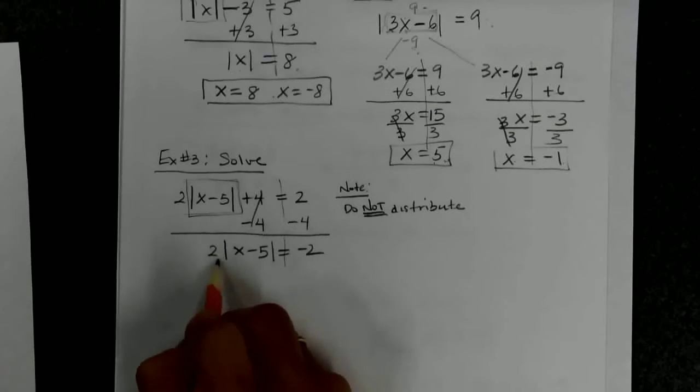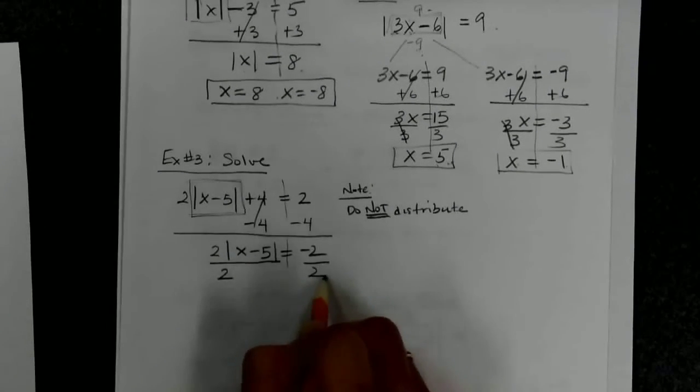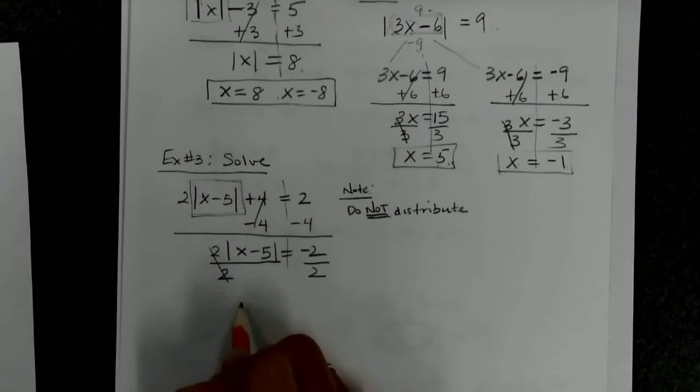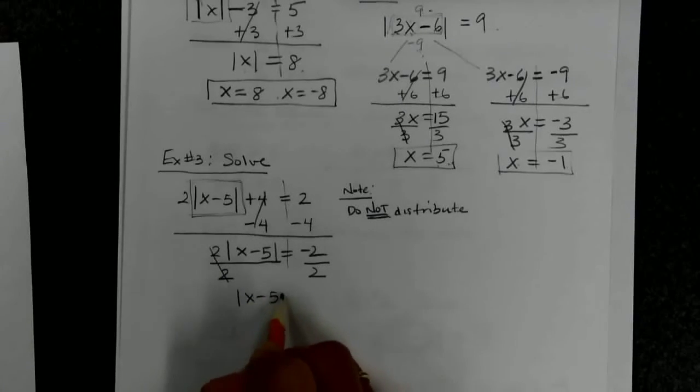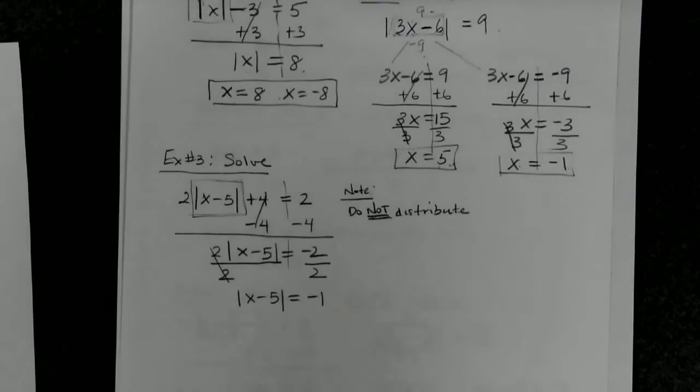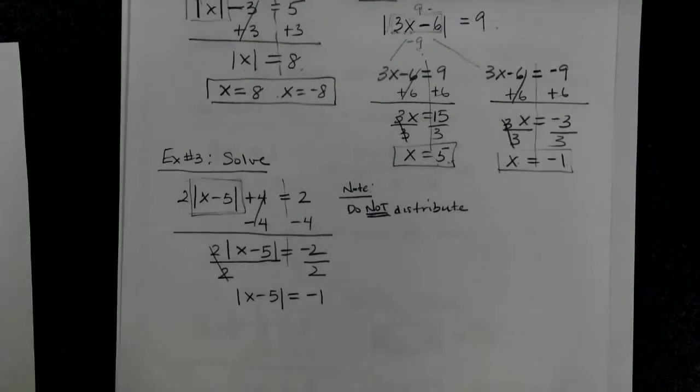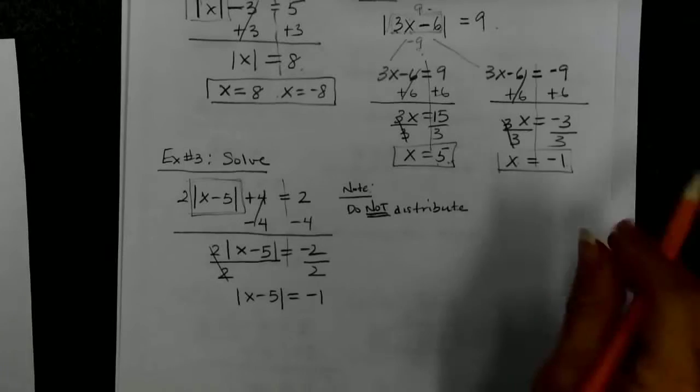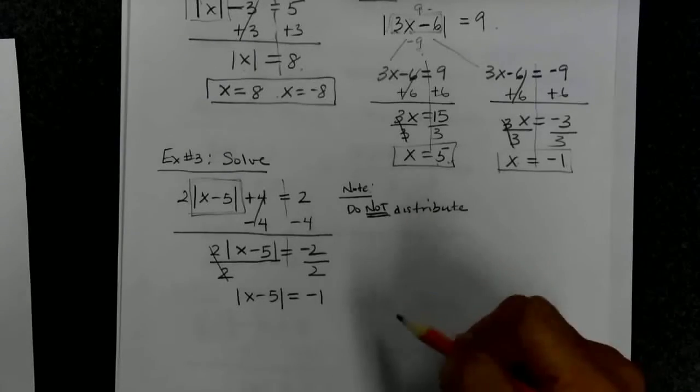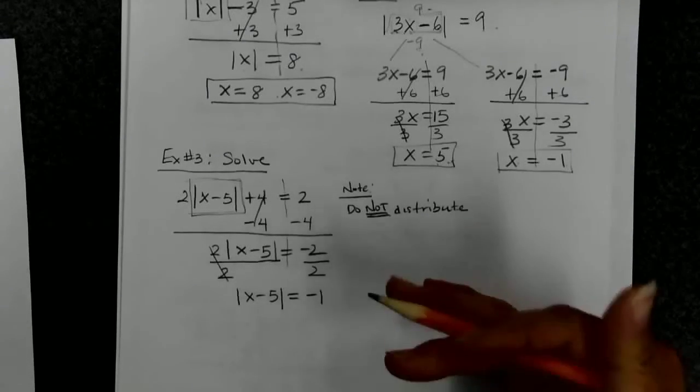And then to get rid of this 2, I've got to divide by 2, because this is 2 times, and I've got to do the opposite. So then what I get is the absolute value of x minus 5 is equal to negative 1. Now remember, absolute value is asking how far a number is away from 0. So absolute value is distance.